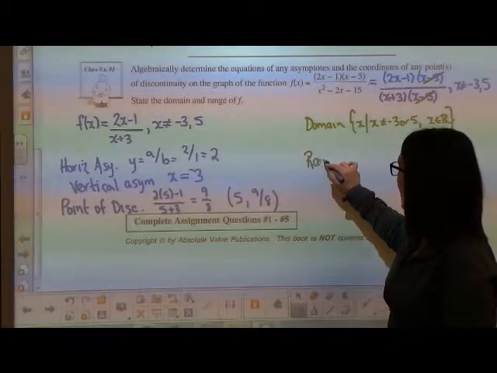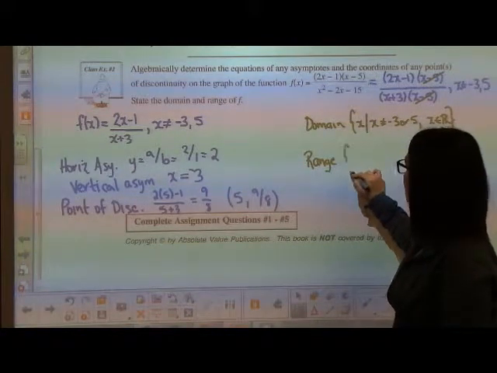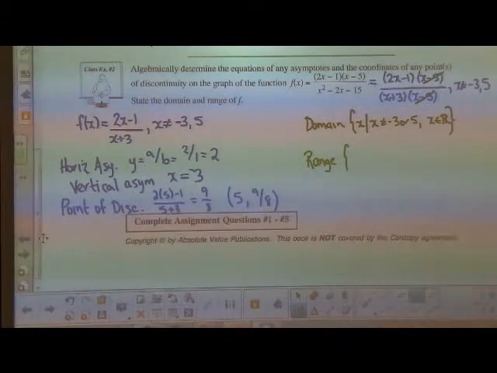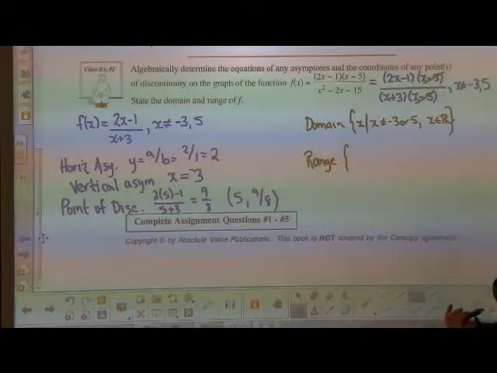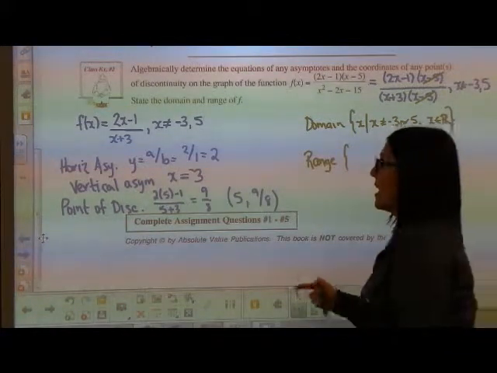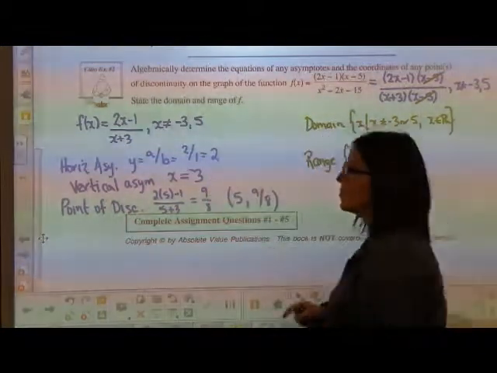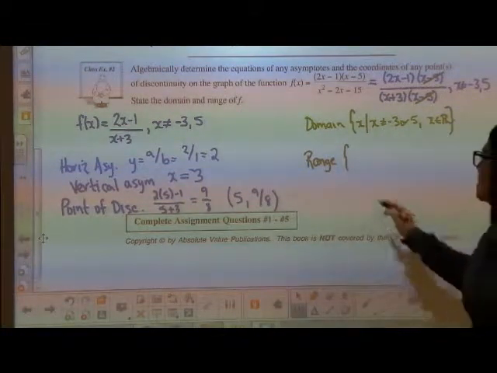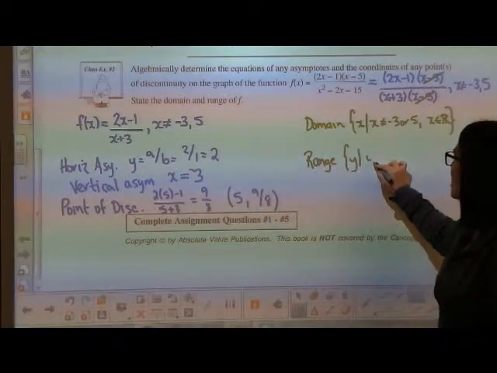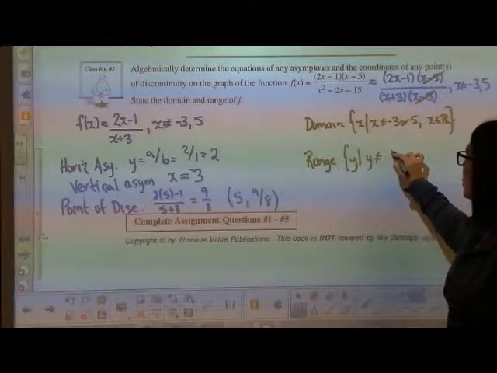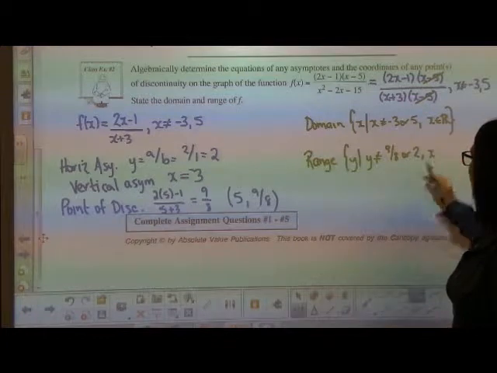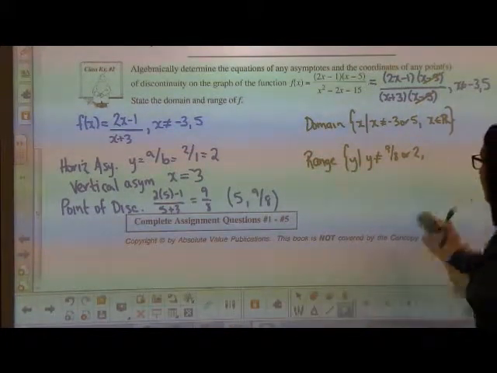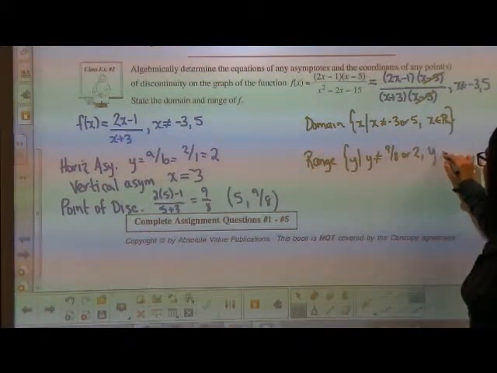And then for my range, I have that y will never equal 9/8 because that's the y coordinate of my point of discontinuity. And y can't equal 2. That's my horizontal asymptote. So the set of y values such that y cannot equal 9/8 or 2, but it could be anything else.